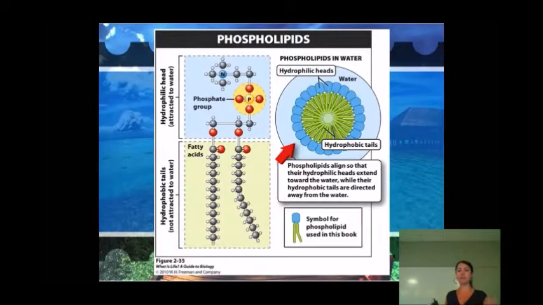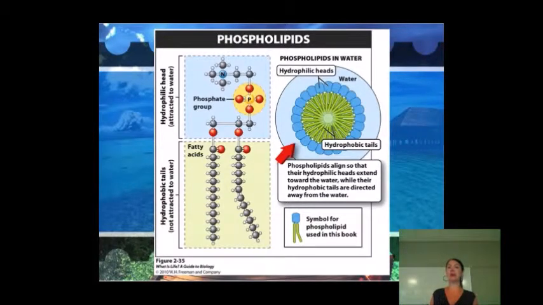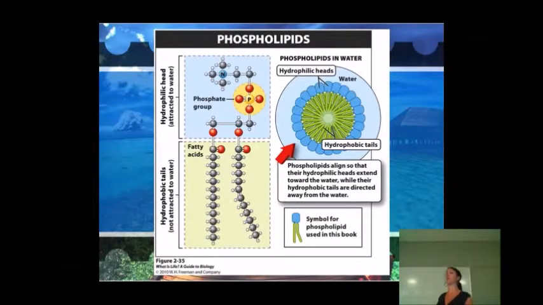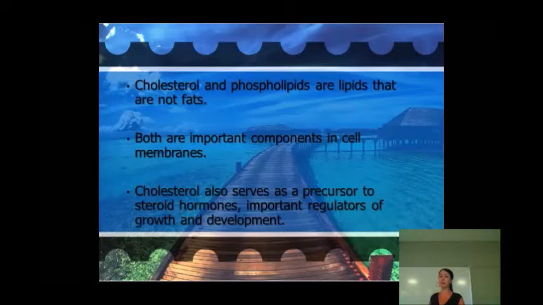And so you'll sometimes see phospholipid designated as that character in the book, and you can see the way that it builds up in these chains, which are important for the functioning of our life. Cholesterol and phospholipids are lipids that are not fats.